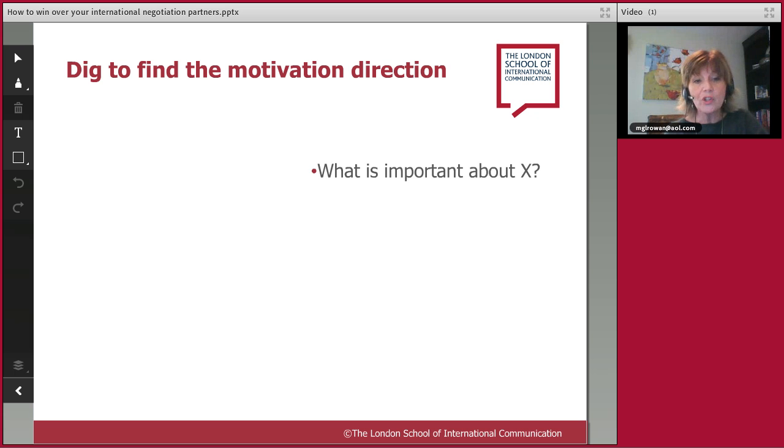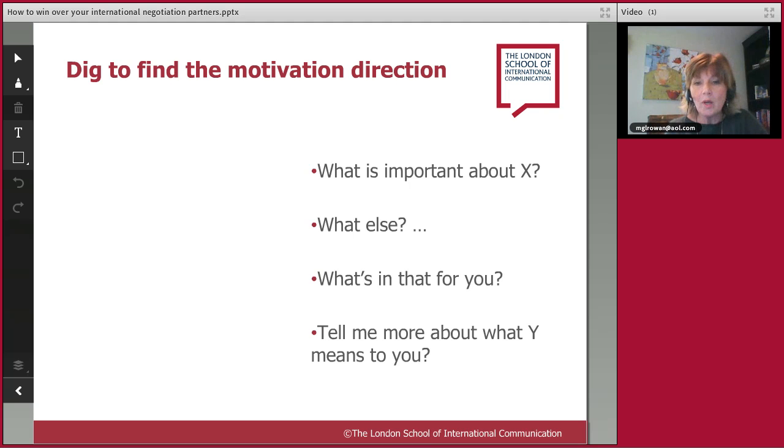And here are some questions. So what's important about communication? What's important about making a difference? What else? What's in that for you? Tell me more about what communication, tell me more about what growth, tell me more about what control means to you, whatever the angle they happen to be focusing on.